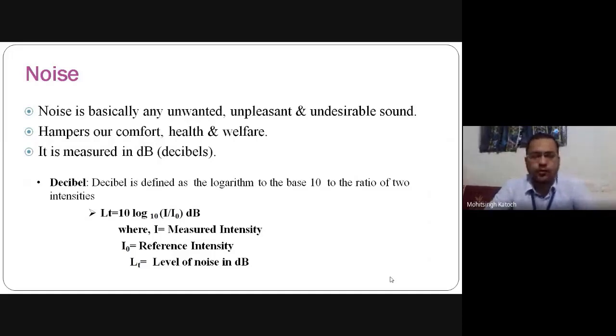They can twist the formula, they can either change the base of this log, or they can interchange the values of capital I and I0. So you have to keep this formula in mind, and you must know what is the correct and exact formula for calculating decibels. So note down this formula in your notebooks and keep it in mind thoroughly.